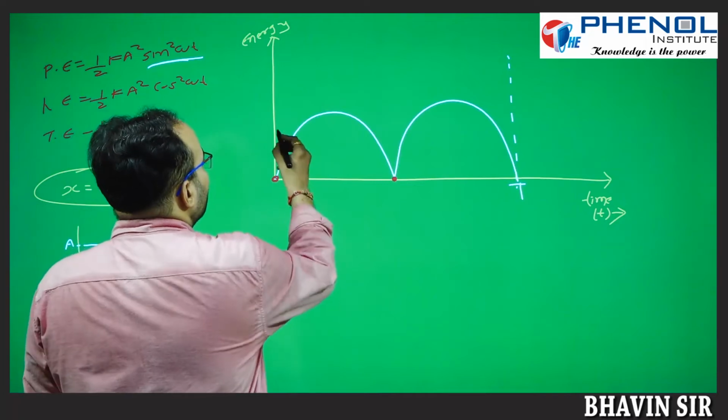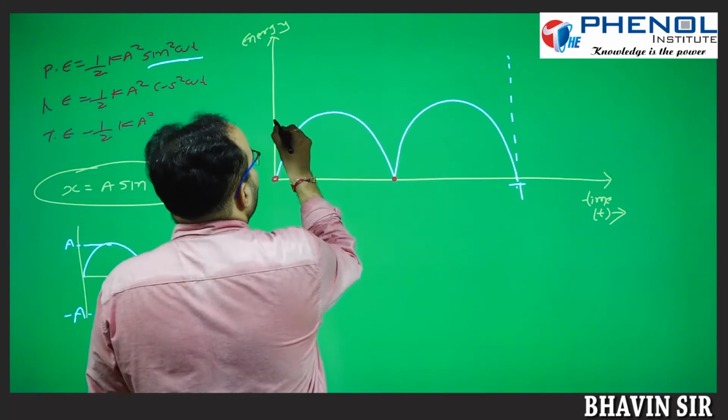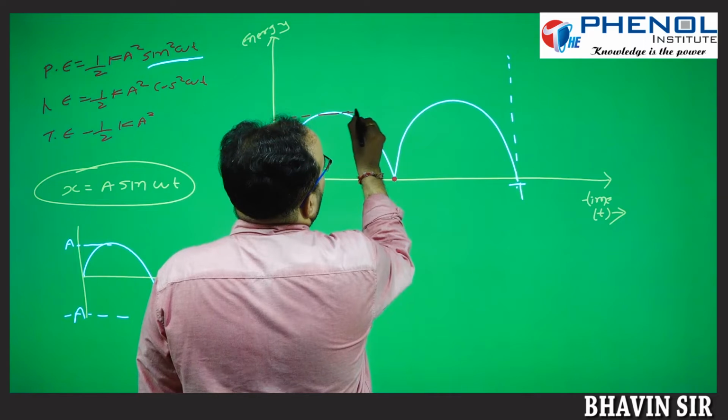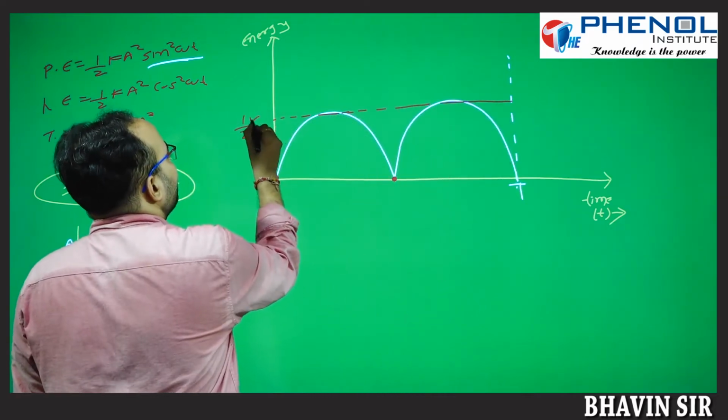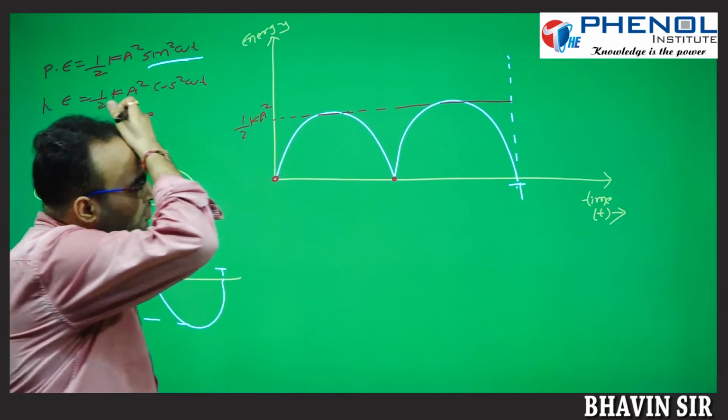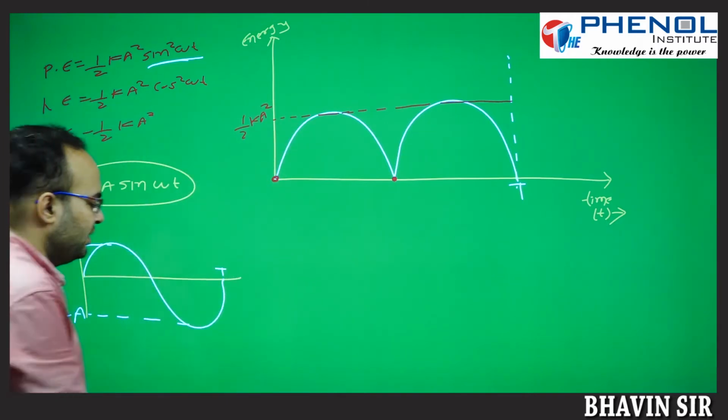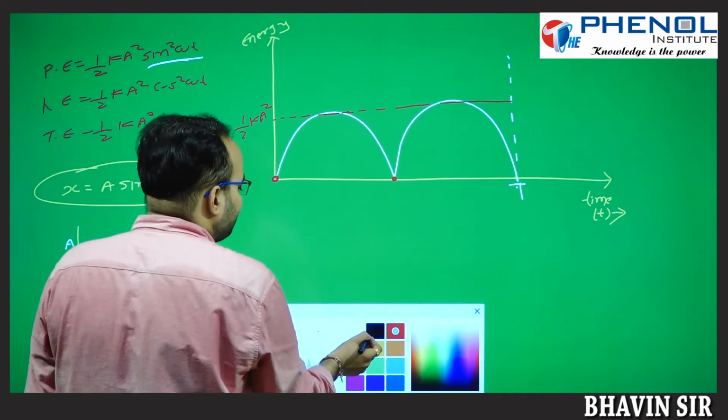Chalo, now we want to draw the graph. Chalo, this is its maximum energy, half Ks square. Now we want to draw the graph of cos square. Chalo, the cos square starts from the maximum.